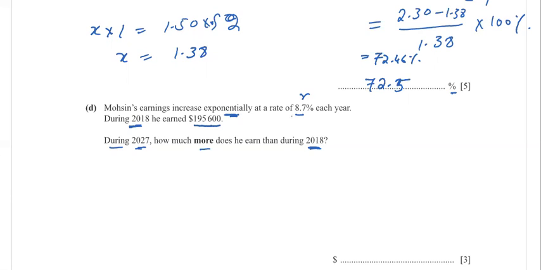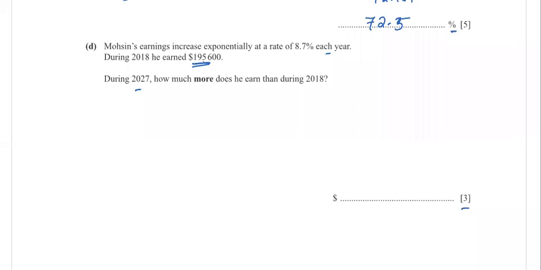$195,600 at a rate of 8.7% per year. This is the total earning he has, but right now it's not that. During 2027, how much more does he earn? This $195,600 is the principal. This one is the rate of interest each year.